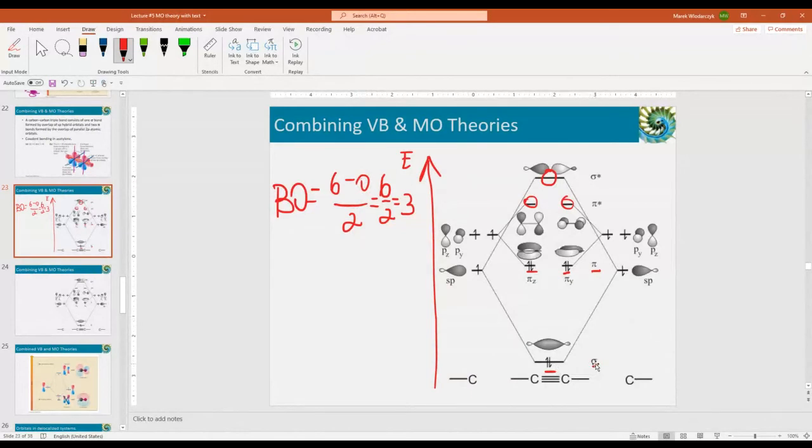So the bonding ones are just sigma and pi. Antibonding ones have this asterisk here. You see? So an asterisk means that these are antibonding orbitals. So basically, the sum of the electrons in those without asterisks minus the sum of those with asterisks will be your bond order, okay?